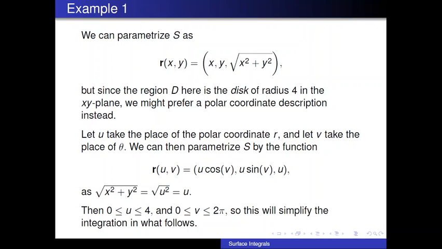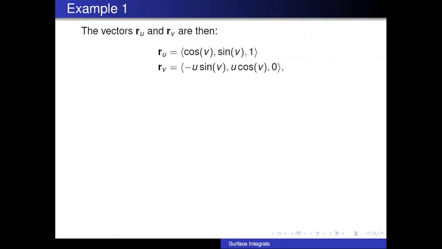Now that we've got that, we're going to need those tangent vectors, r sub u and r sub v. Those are given to us as follows. r sub u, the derivatives with respect to u, gives us cosine v, sine v, and 1. And the derivatives of that function r with respect to v are given by minus u sine v, u cosine v, and 0.